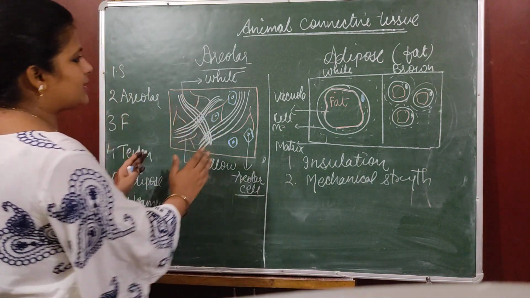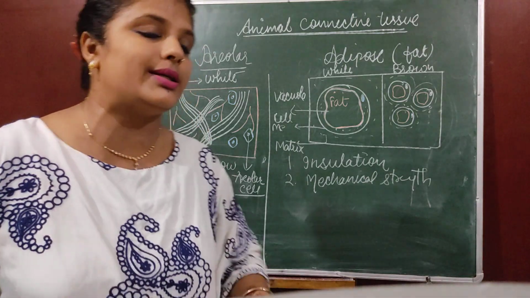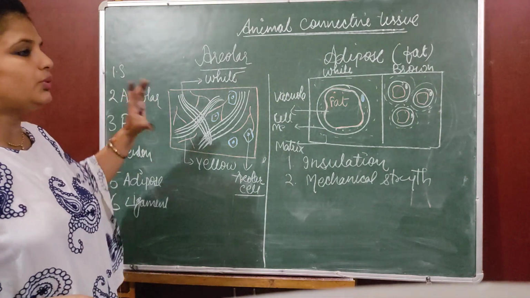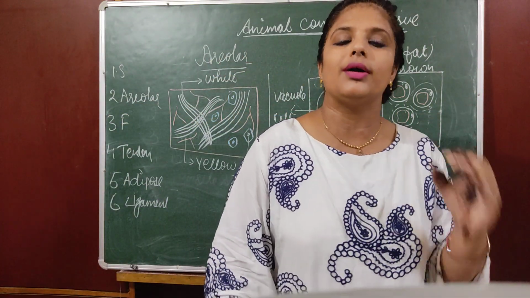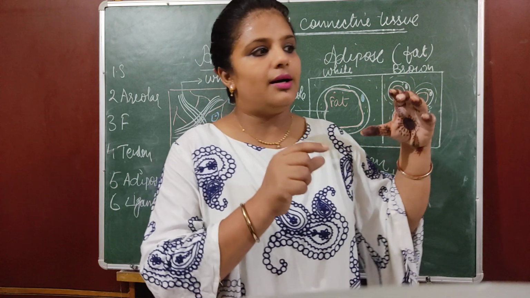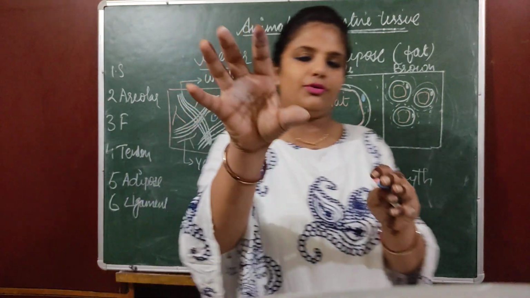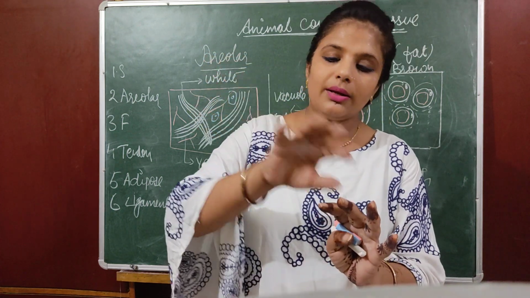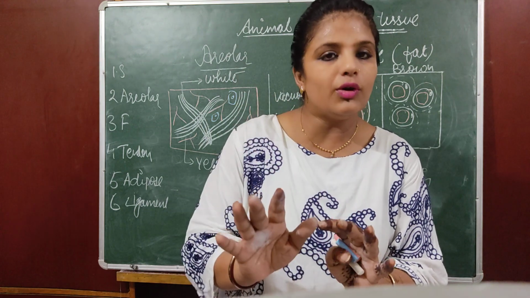So what is the basic difference between areolar and adipose tissue that you need to understand is, areolar is related with the air. So areolar tissue is the tissue which fills the space between two organs. Say in one position you have your lungs, in one position you have a stomach. So the gap between these two organs will be filled with the help of areolar tissue.